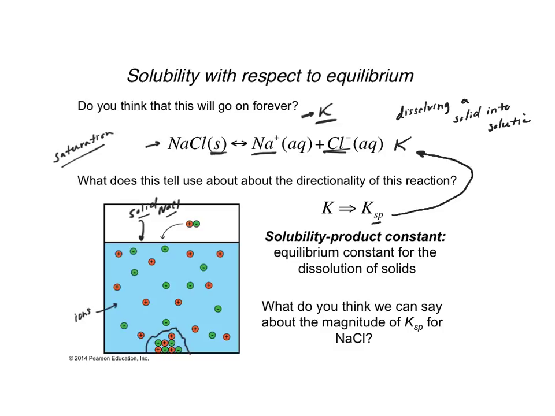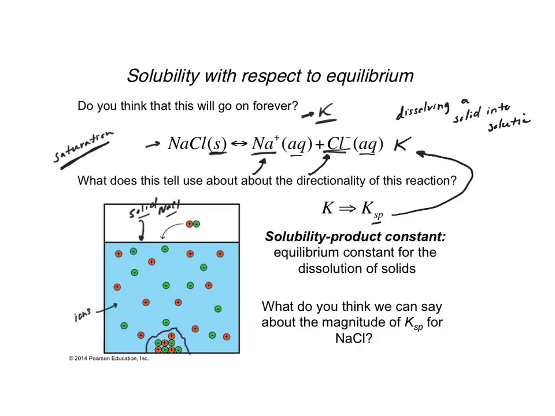All right, so with respect to sodium chloride, once we finally reach this saturation point, we've come to equilibrium between our solid and our component ions. Once we have reached that point, how large a magnitude do you think K is for sodium chloride, right? How many of these guys, the products of this reaction, do you think there are at equilibrium when we finally have reached saturation for sodium chloride?